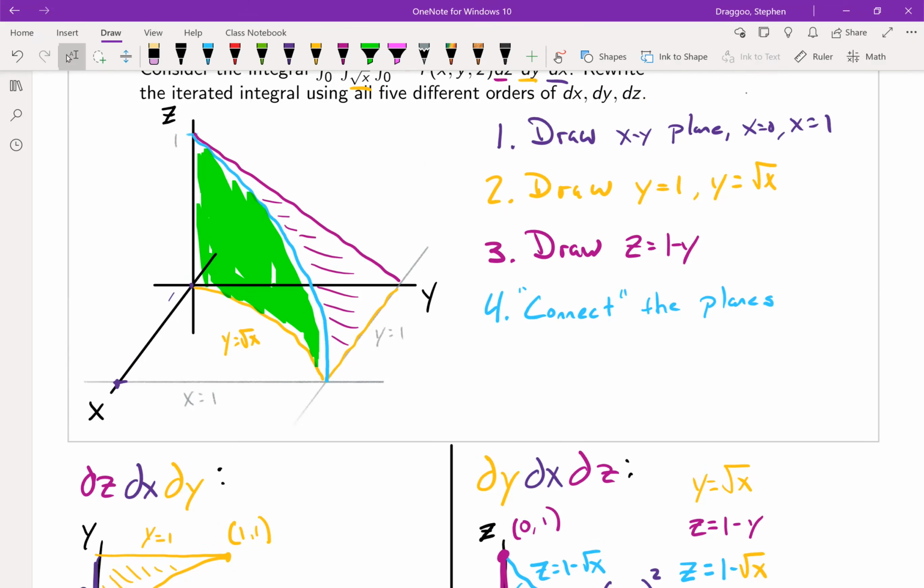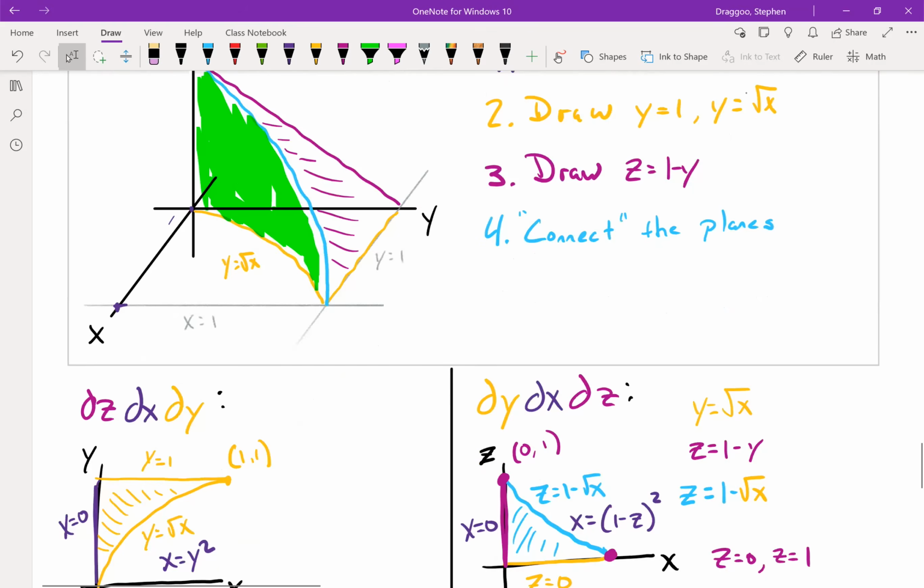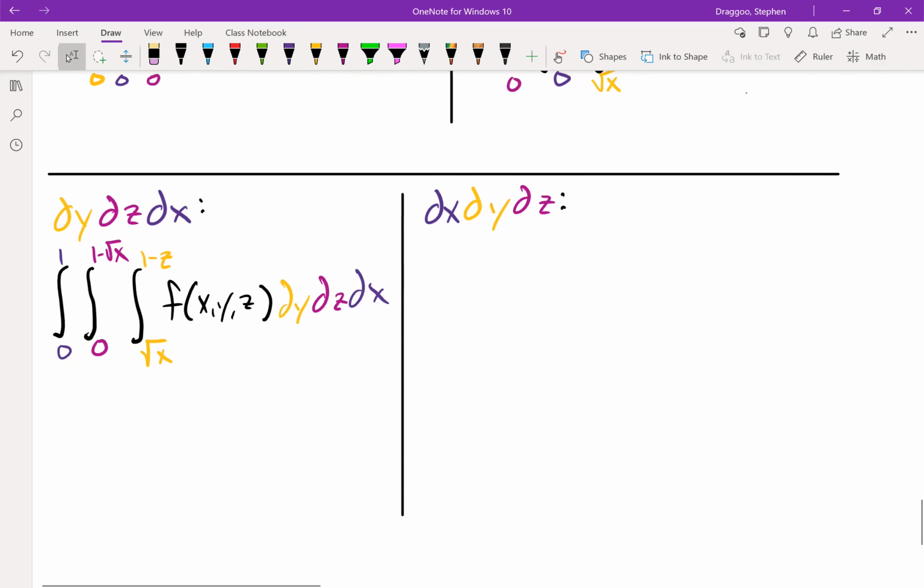That one doesn't look too bad. We already have a shape that's in the YZ plane, and that's just going to be a triangle. So if we project that shape back in, where we'll have y down here, and z be the vertical axis, we've got a magenta line right here.